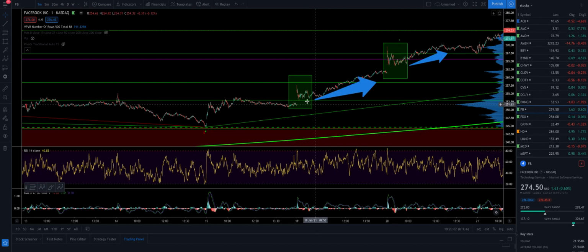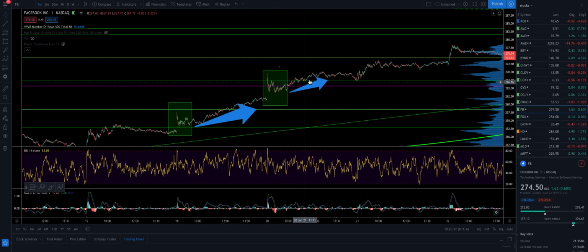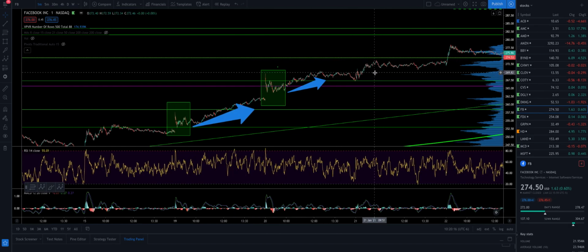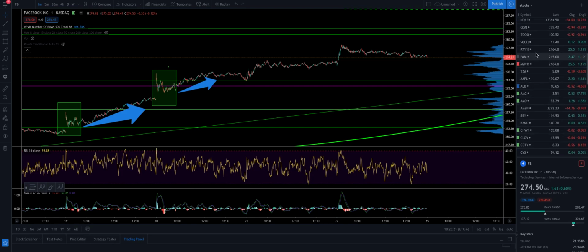RSI is not great here, but then we trended up the entire rest of the day. The next day, same thing. We dropped, came back up, about 50% retracement, double bottom, trended up the rest of the day. Came right back up to the high, if not beating the high.